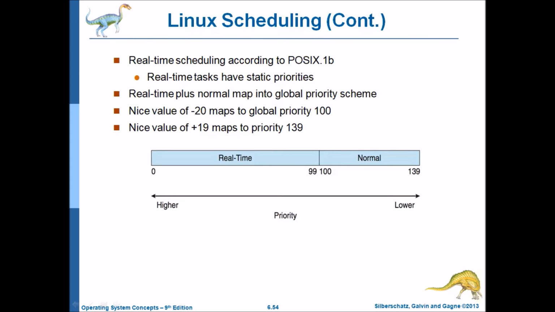The figure below maps the real-time and normal priorities into a global priority scheme, where normal tasks are assigned a priority based on their nice values, where a nice value of -20 maps to priority 100, and a nice value of +19 maps to 139, as you can see in this figure below.